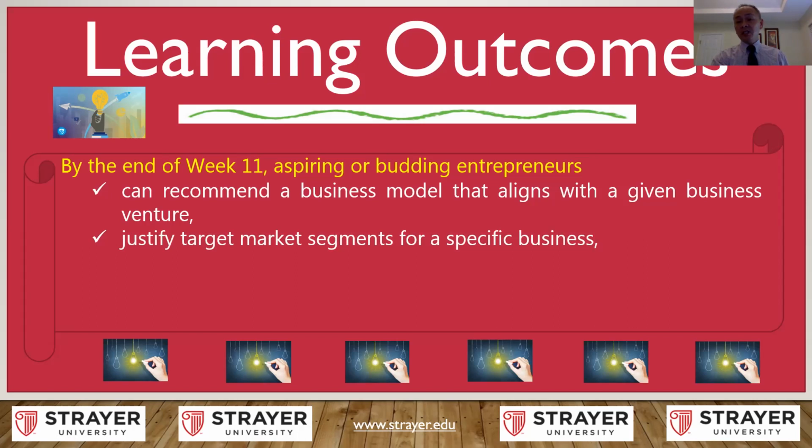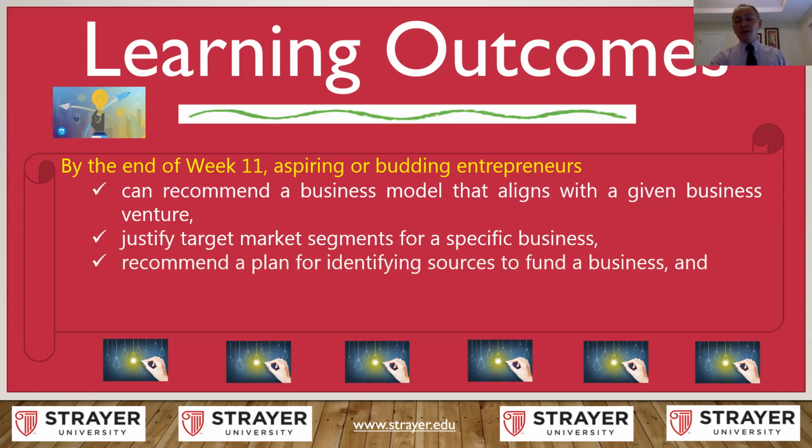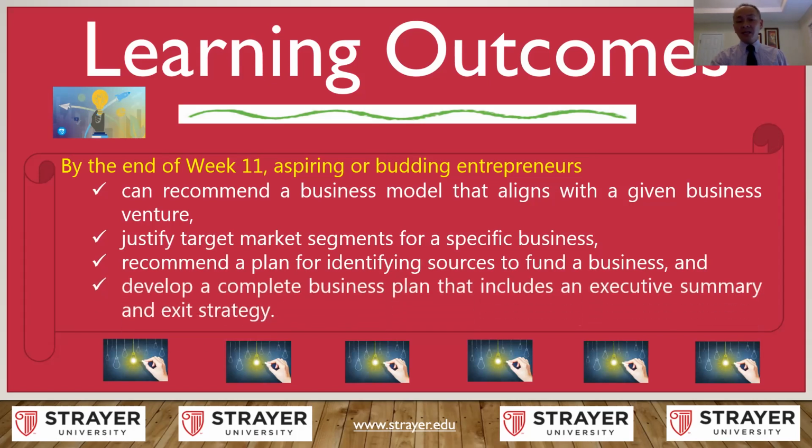Who will be the consumers? Who will be the clients that come and patronize the products and services that the aspiring or budding entrepreneur has to offer? Recommend a plan for identifying sources to fund a business and develop a complete business plan that includes an executive summary and an exit strategy.